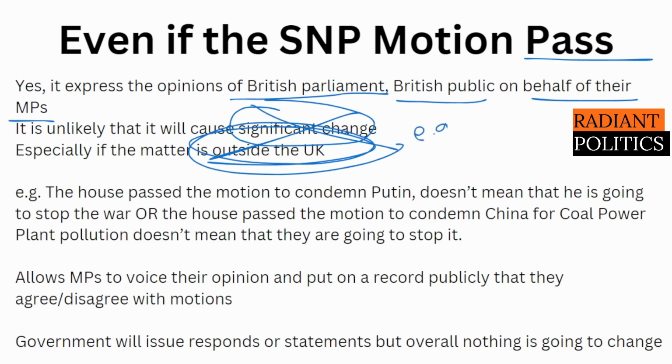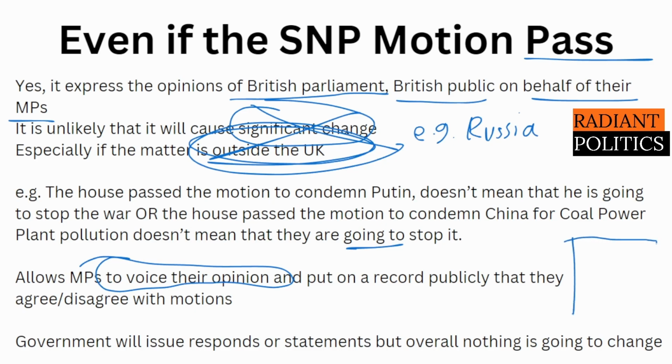For example, the House passed a motion to condemn Putin. That doesn't mean he is going to stop the war. Or the House passed a motion to condemn China for coal power plant pollution. That doesn't mean they are going to stop it. Voting allows MPs to voice their opinion and put on public record that they agree or disagree with motions. The government will issue a response or statements, but overall nothing is going to change.